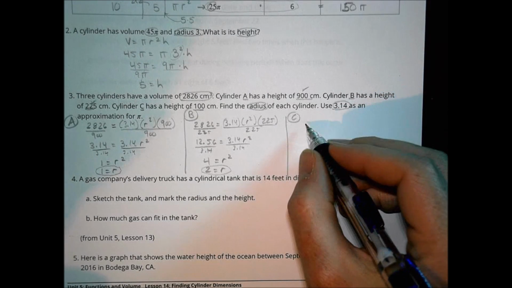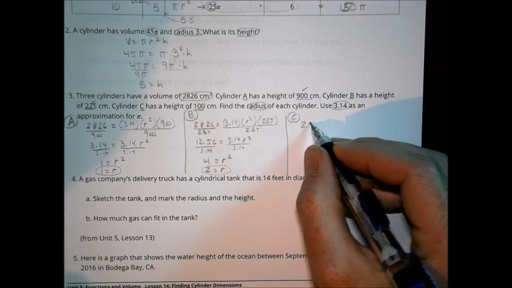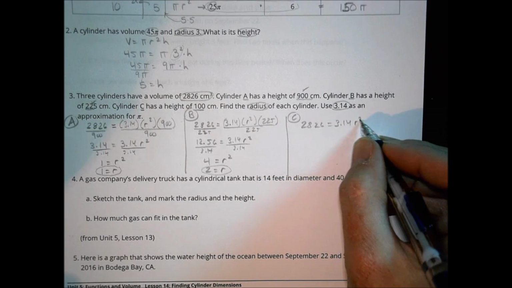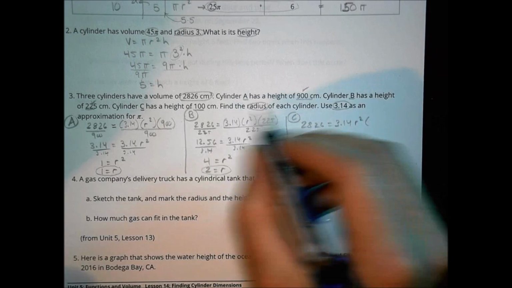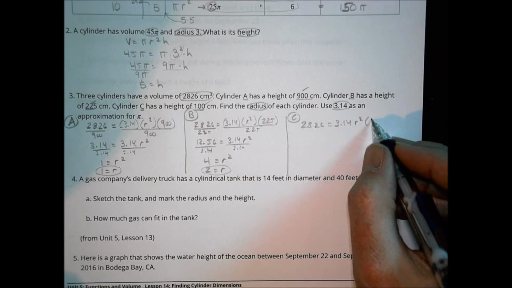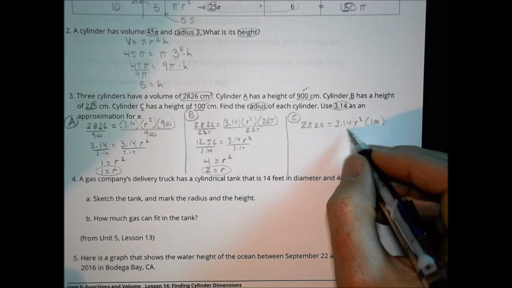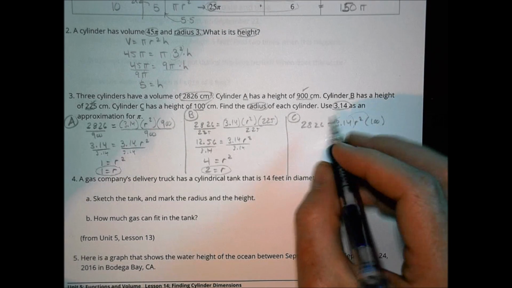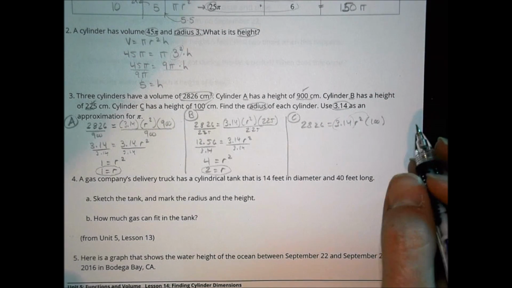And finally the last one here, we have 2,826 equals 3.14 r squared times the height, which is 100. And again, you could multiply those together first and then divide. It doesn't make any difference to me which one you try to do first. I just keep the same pattern going on here.